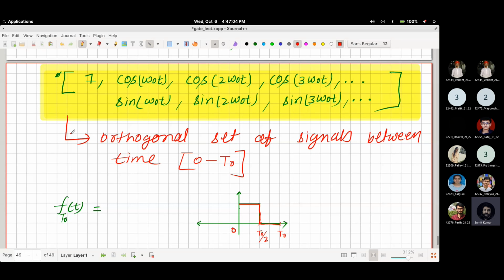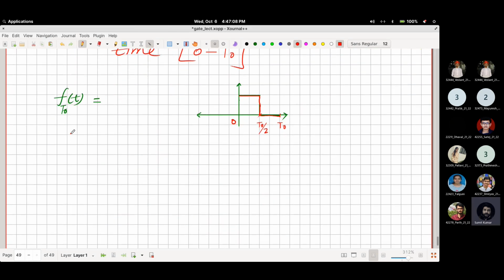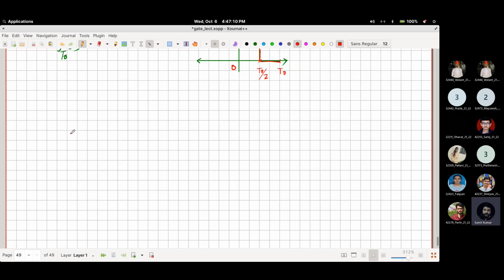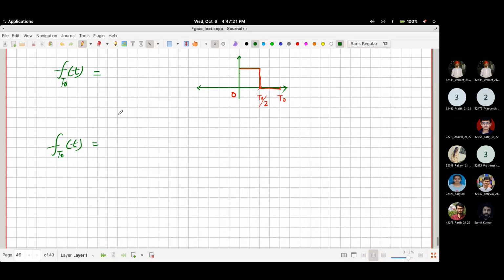Can I do that? Of course I can. This is what our vector decomposition means. We learn vector decomposition this way. It means we can represent this f_t0(t) by writing a naught, let me write down my functions first, and then I will do this.